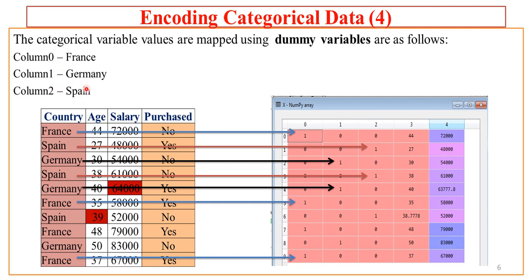So column 0, column 1, column 2 are in the independent variable vector of our data set. These 0, 1, 2 are the dummy variables equivalent to France, Germany and Spain. This way, as these values are not interpreted as a single column having range values from 0 to 2, they are no longer a confusion to our model.